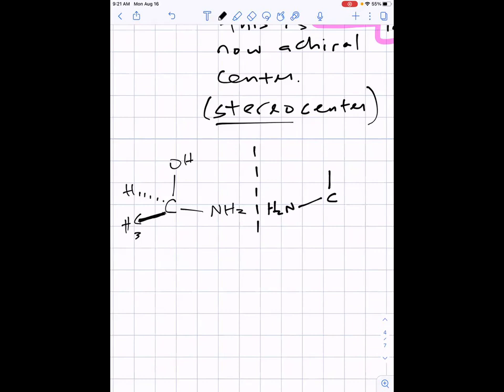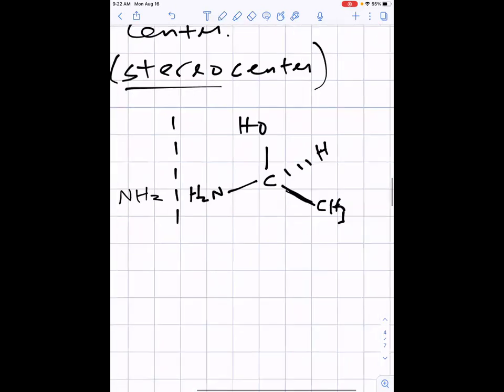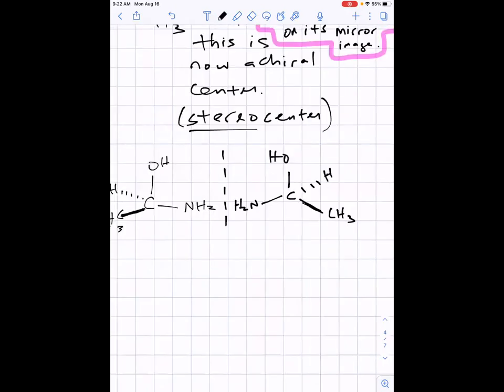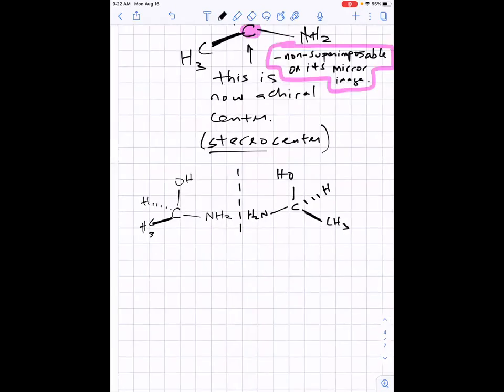The OH is still vertical. Nothing changes there. And then the methyl is going to be here, and then the hydrogen here. Let me fix that up. Questions about that? So that's the mirror image.